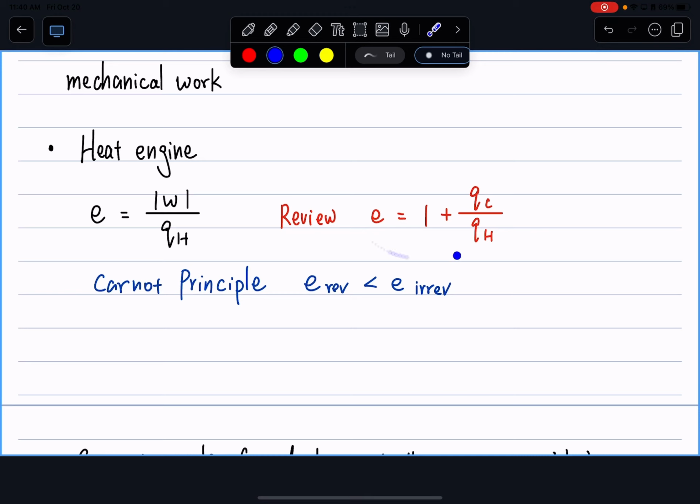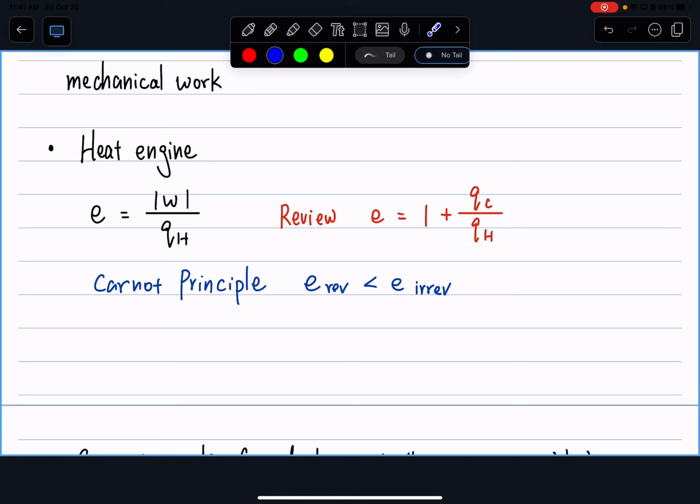We went over the derivation that the efficiency equals 1 plus QC over QH. QC is the heat leaving the heat engine to the cold reservoir. QH is the heat input from the hot reservoir. QC and QH always have different signs, so your efficiency is less than 100% for any heat engine.